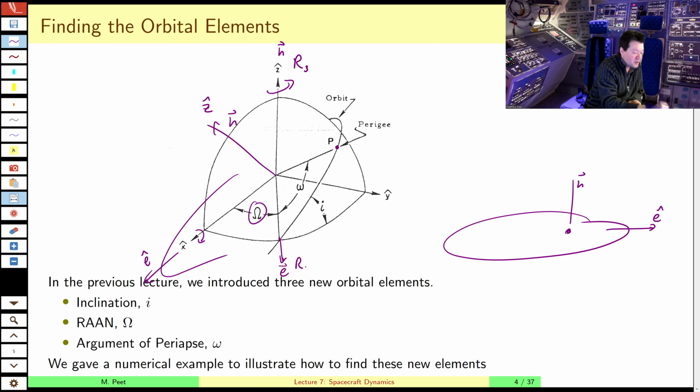That's an R1 rotation. The first one is an R3 rotation to get us up there. And then we're going to rotate around the angular momentum vector, which is, again, the z hat, but no longer aligned with the true z hat direction in the ECI frame, to get that periapsis up there. So that's going to allow us to do a 3-1-3 rotation and use our standard rotation matrices instead of having to custom define rotation matrices.